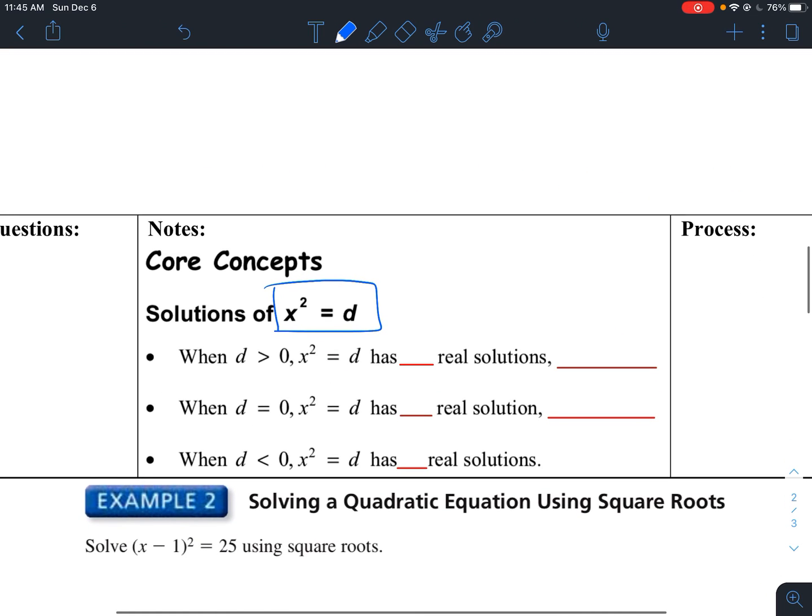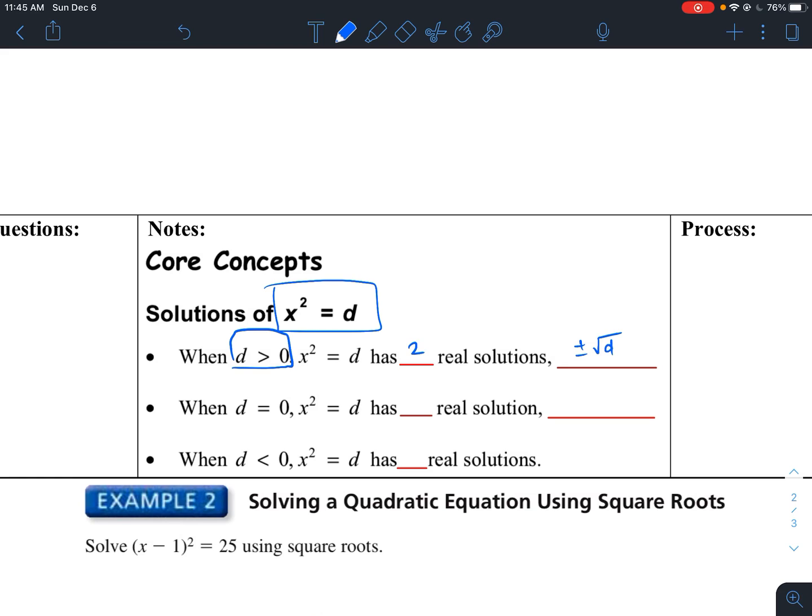So if the right side of the equation is positive, then you're going to have two real solutions, and that's going to be plus or minus the square root of d.